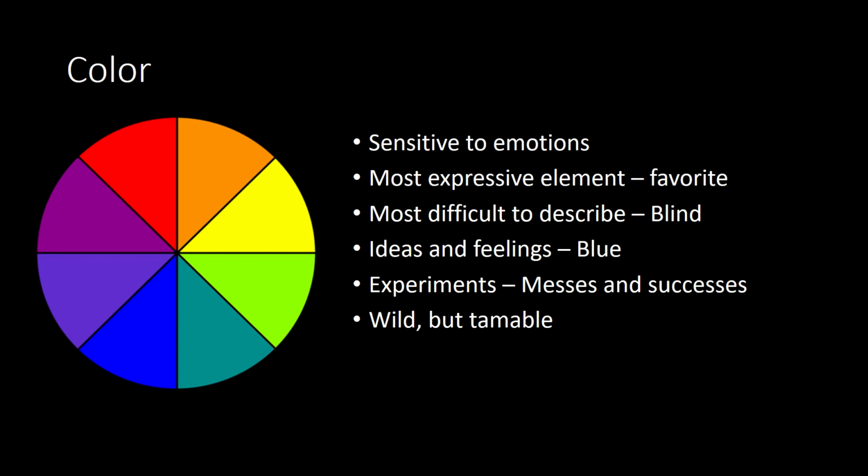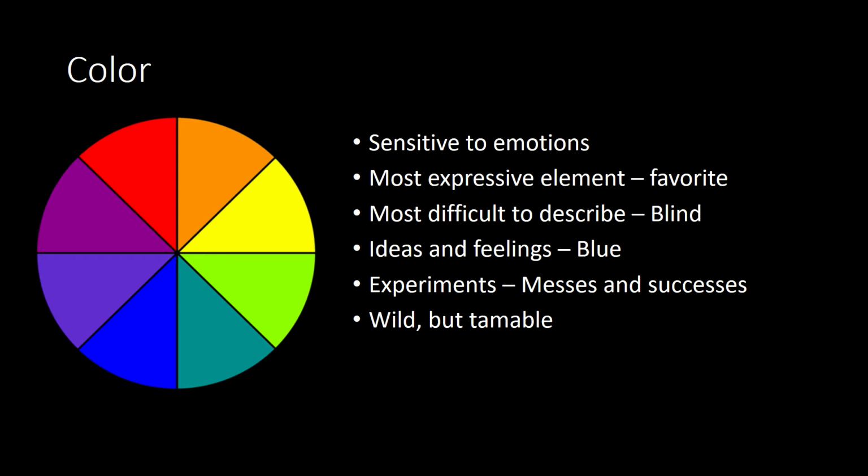Now, color is sensitive to emotion. This is my favorite because it is the most expressive element in art. Without color, art will be very different. It is also very difficult to describe. Imagine describing color to a blind person. The colors have feelings and ideas, as we know about feeling blue and buying a green car.